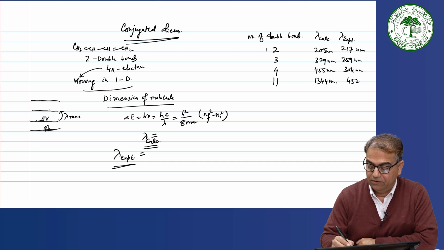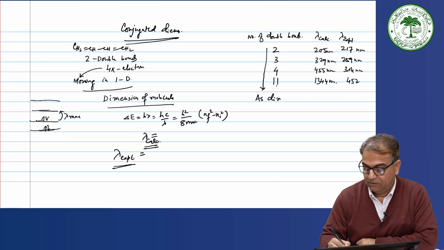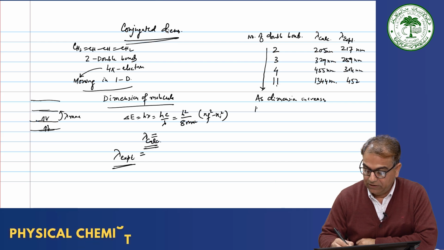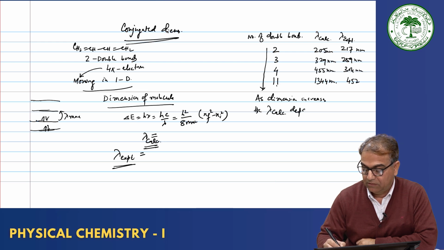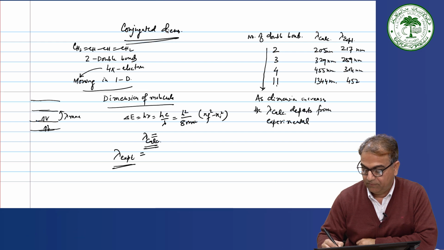So, what do you see here? As dimension increases, the calculated value, lambda calculated, departs from the experimental value to a large extent.